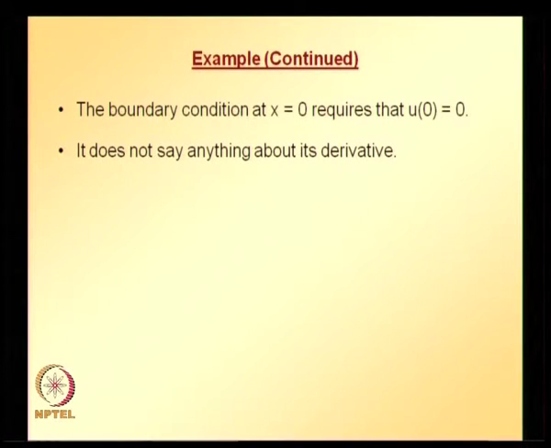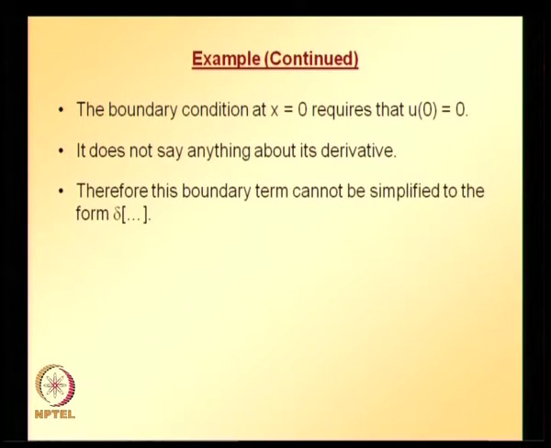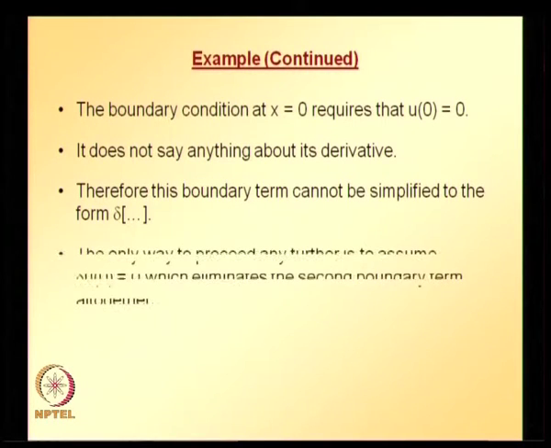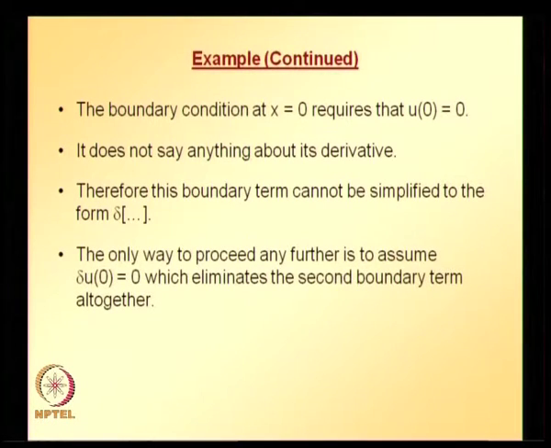But the problem does not say anything about its derivative, and therefore this boundary term cannot be simplified to the form of variation of some quantity inside. So, the only way to proceed further is to assume a variation of u evaluated at x is equal to 0 is 0, which eliminates the second boundary term altogether, and we will see what the implication of this is.